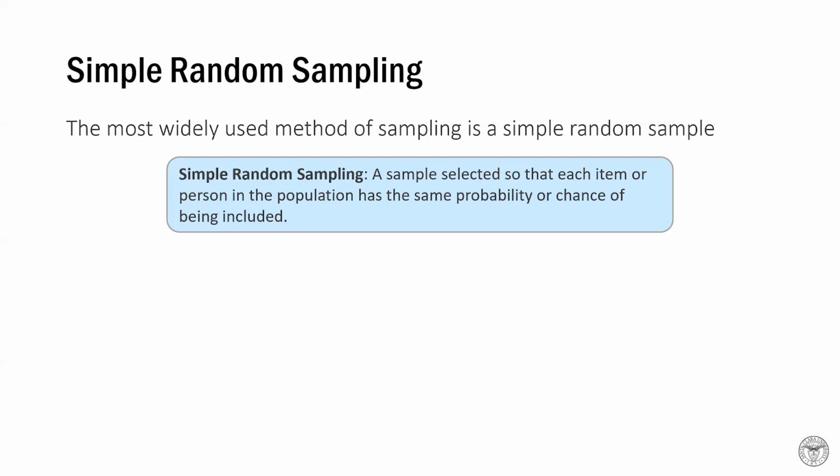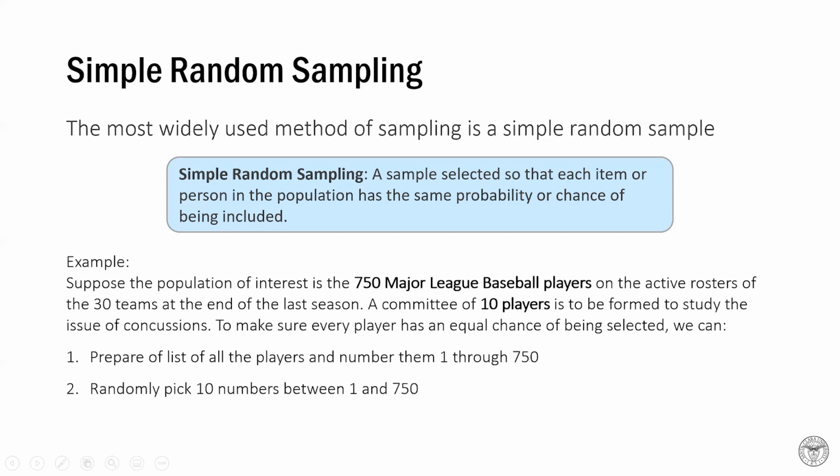If the population is relatively small, one could place all the items of interest, say names, in a box and select the sample. For large samples like the one in this example, it is very time-consuming.